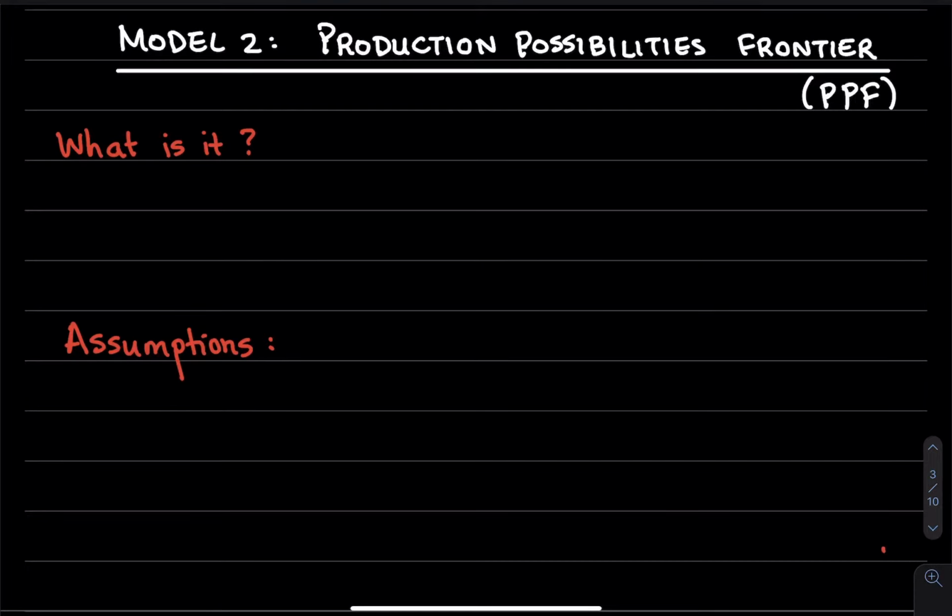But this is again a simplistic version of reality, where we are thinking about the real world where thousands and thousands of goods and services are produced. But in this type of an economic model we can really try to explain that complex phenomena by just making an assumption where we think about an economy only producing two goods.